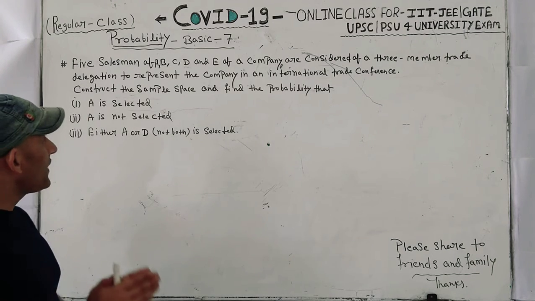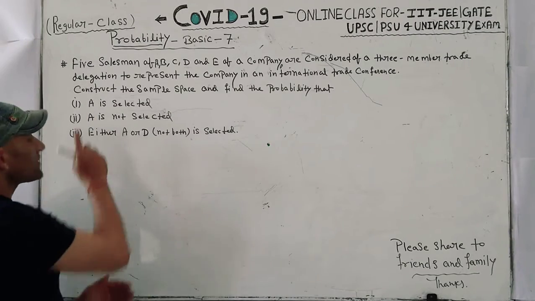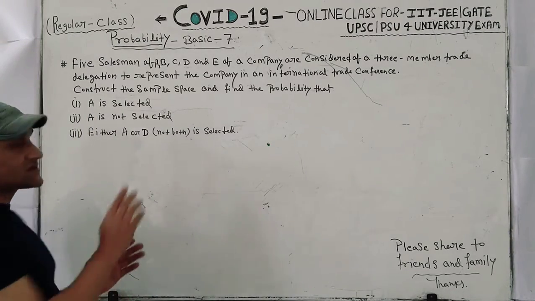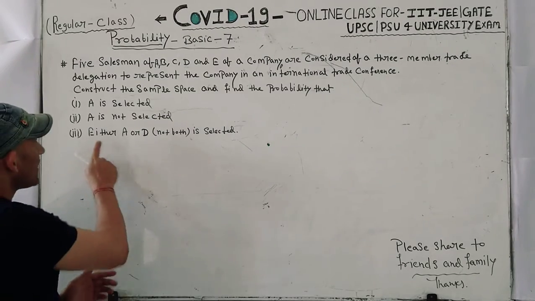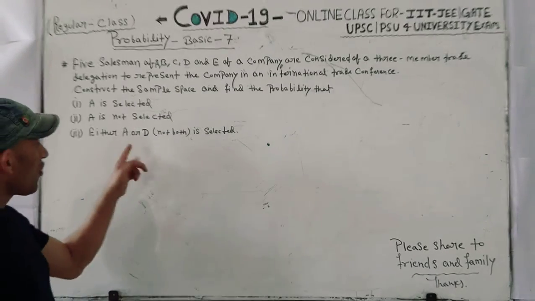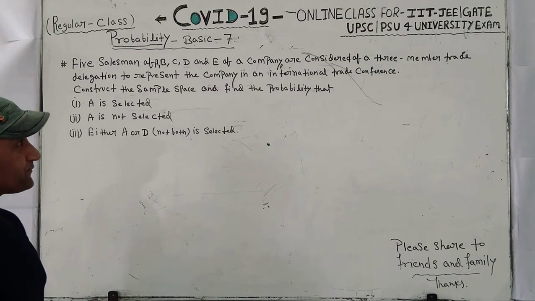Construct the sample space and find the probability that, first, A is selected; second, A is not selected; and third, either A or D, but not both, is selected.